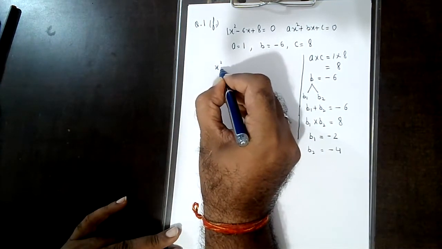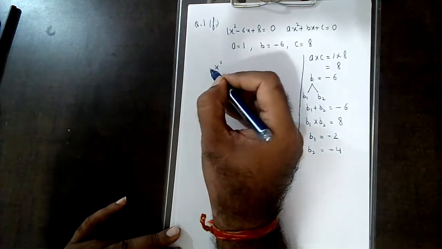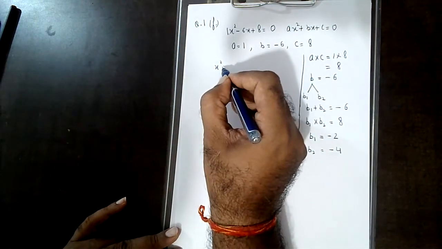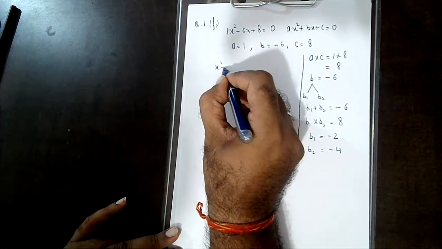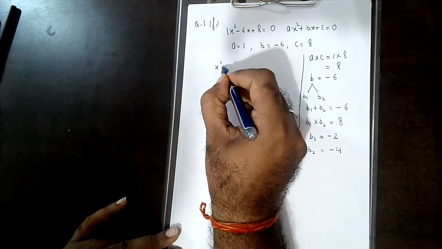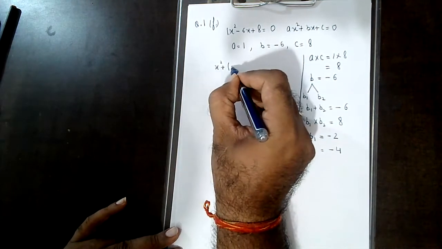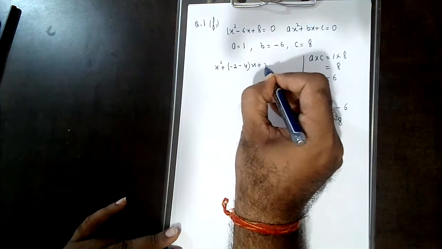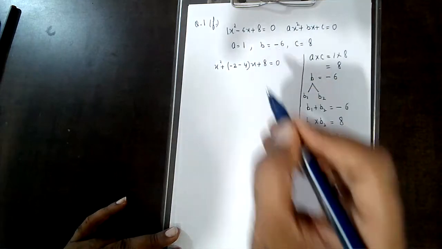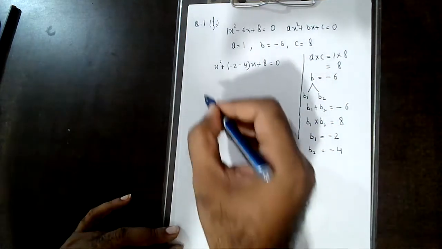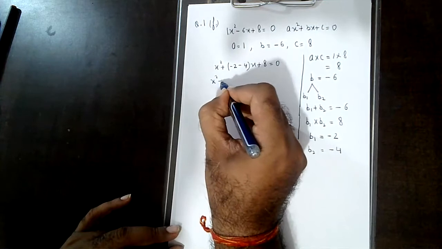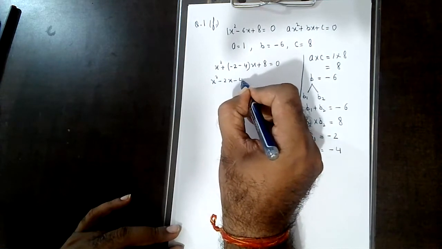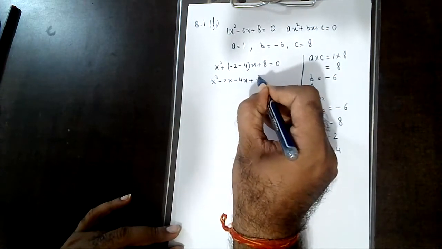x square. Open the brackets: x square minus 2x minus 4x plus 8 equal to 0.